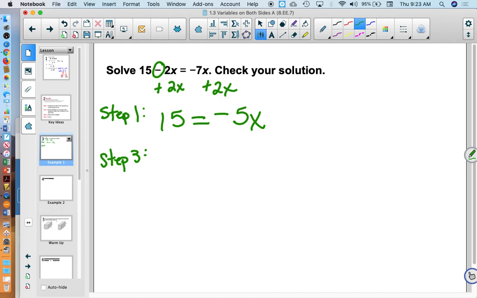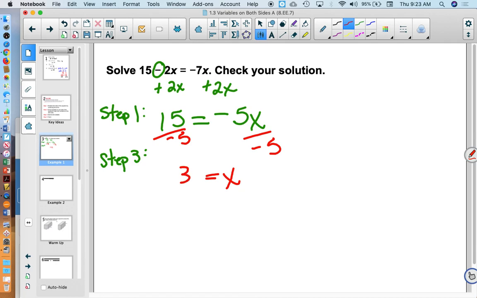This is now a simple one-step equation. How do I solve for x now? Divide both sides by -5. That leaves me with x equals what? 3.